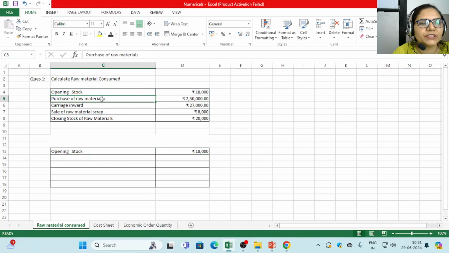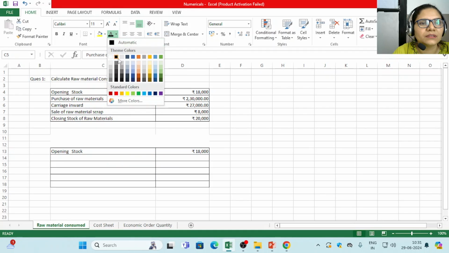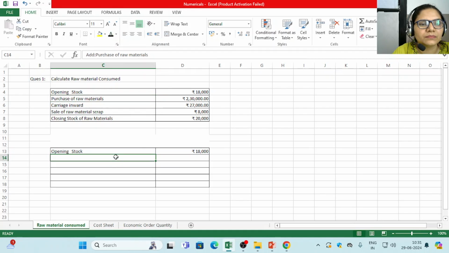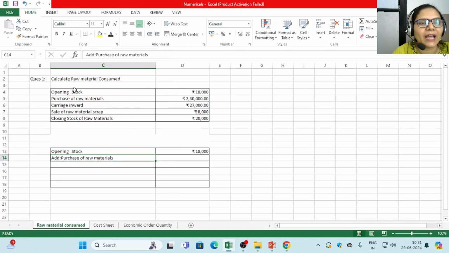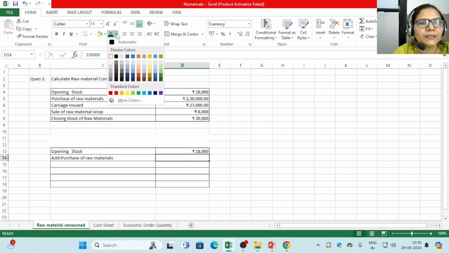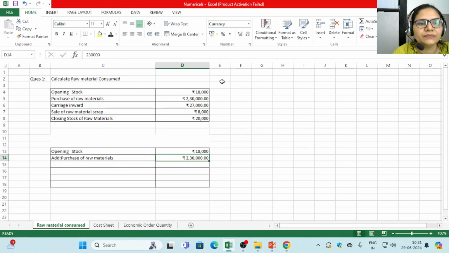Next is purchase of raw material. We will add purchase of raw material in opening stock, which is of rupees 2,30,000. Then we will add carriage inward, which is of rupees 27,000 given in the question.